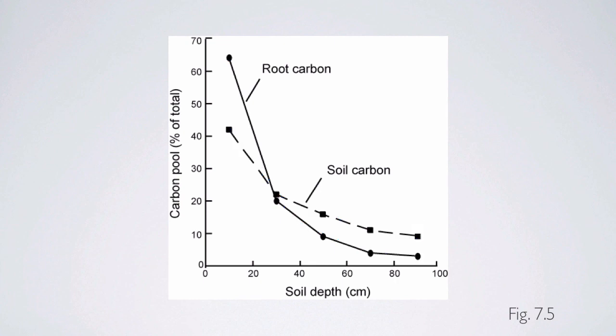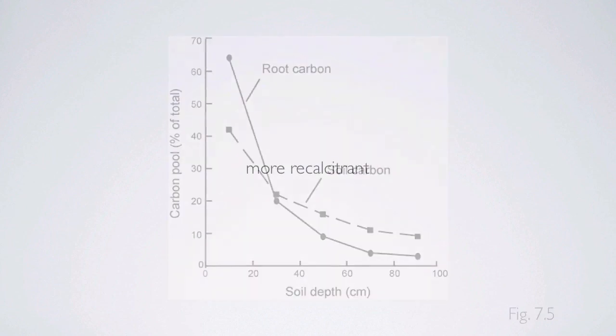Now, part of the reason that roots don't follow soil carbon quite so tightly as you go down through a soil profile is that the carbon found at depth tends to be more recalcitrant. That means it's harder to break down. You'll have less decomposition of a unit of carbon at depth than you do in relatively shallow soils. And therefore, it's probably not as advantageous to produce roots at depth for the purposes of acquiring nutrients as it is in relatively shallow soils.